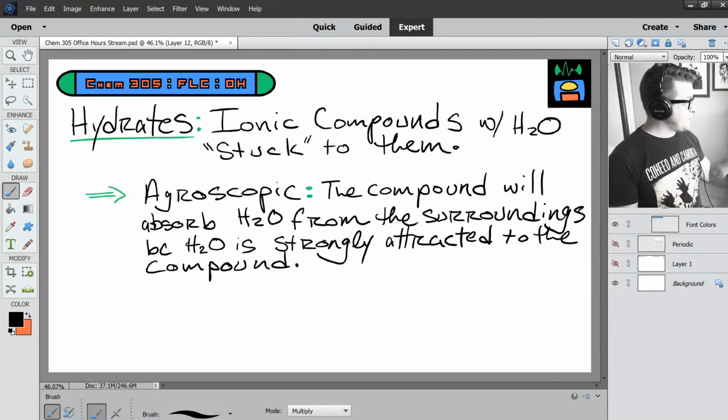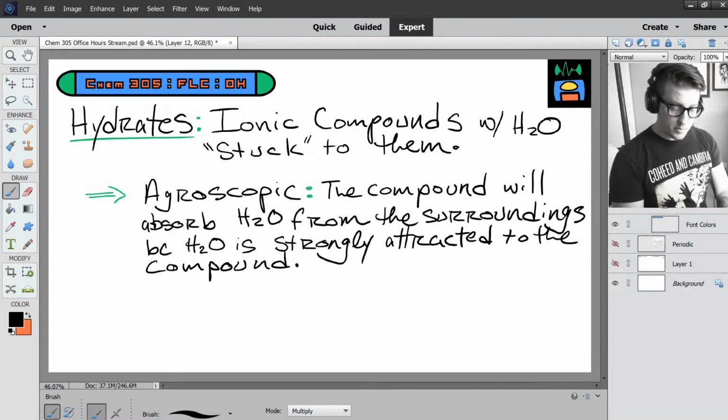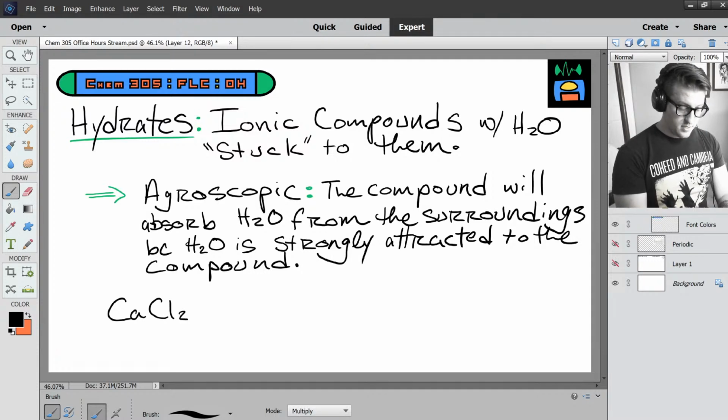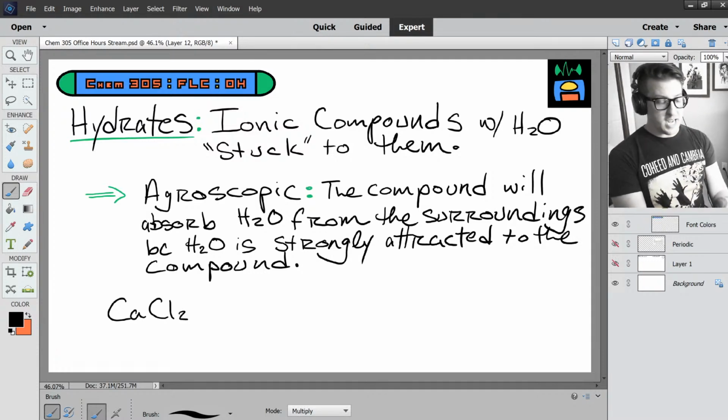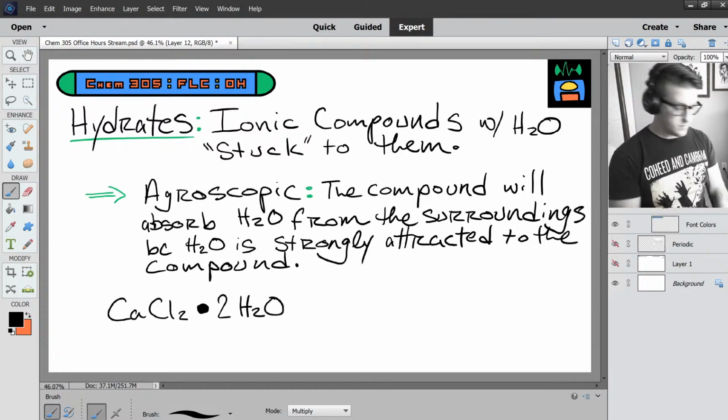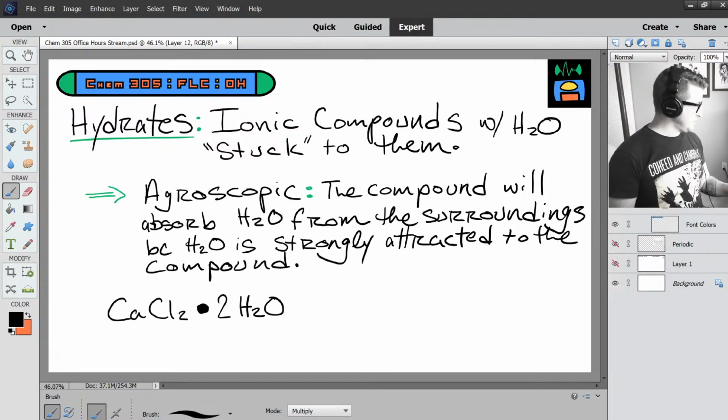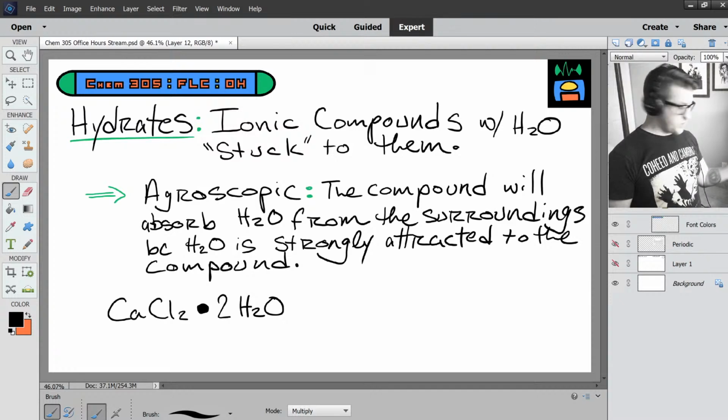And now, a couple more vocabulary words. So if you take, for example, calcium chloride, it forms a hydrate, and the way that is shown is this big dot is put there, and you go dot 2 H2O.